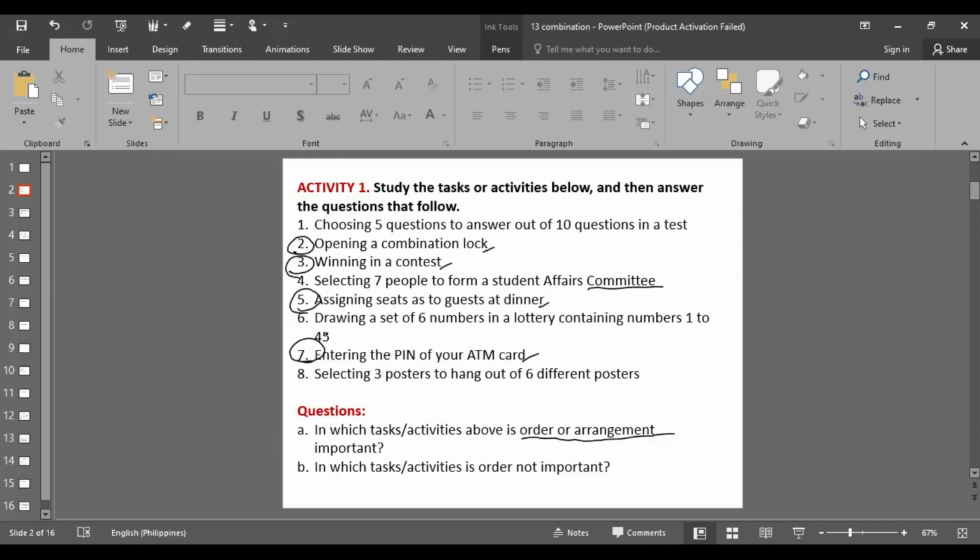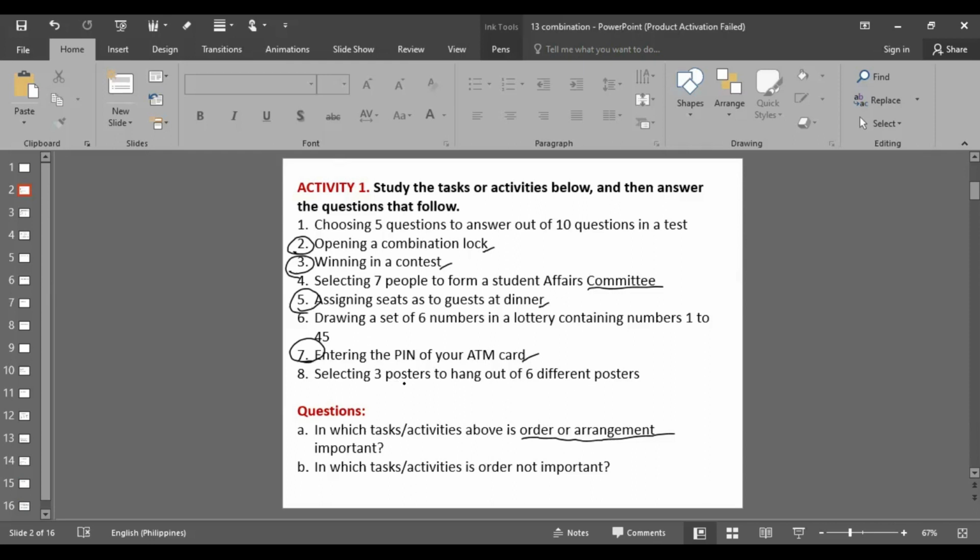Okay? In number 6, drawing a set of 6 numbers in a lottery containing numbers 1 to 45. So, bubunot lang daw ng 6 na numbers. Sa lottery, di ba, hindi naman kailangan yung pasunod-sunod na numbers. Basta, nandun yung numbers. Sa number 8, selecting 3 posters to hang out of 6 different posters.